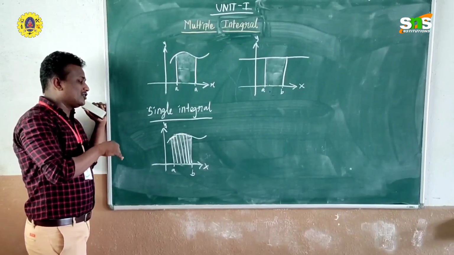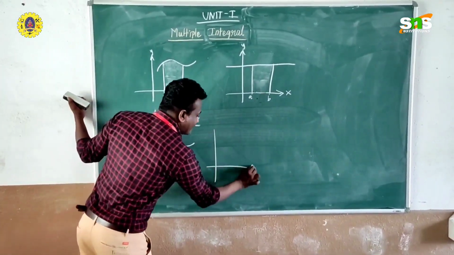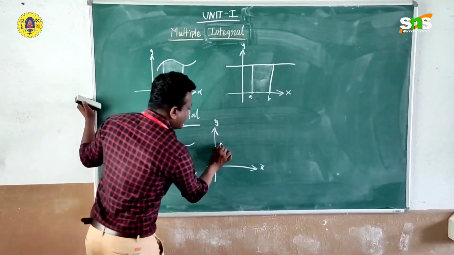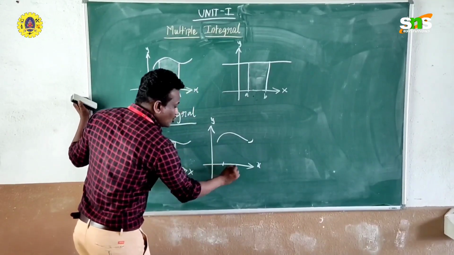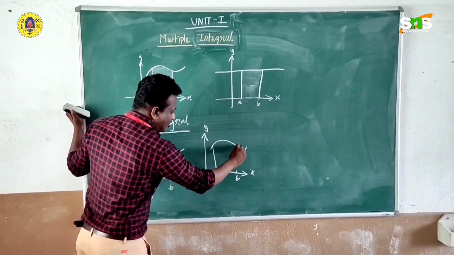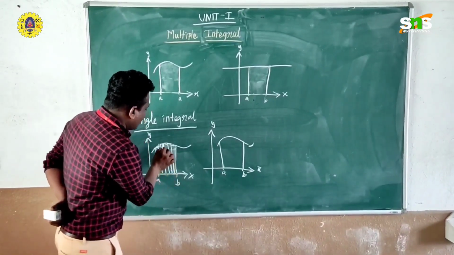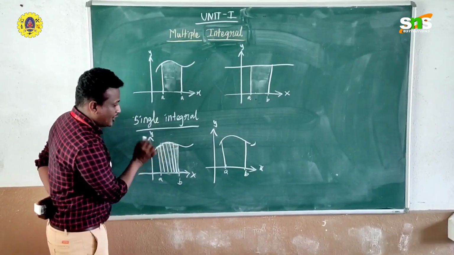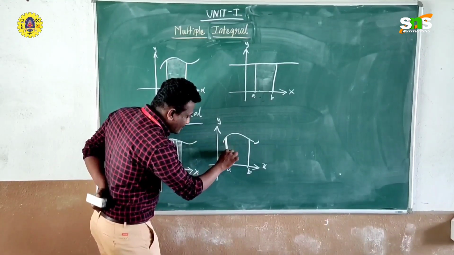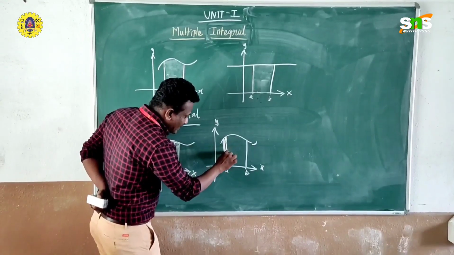So if we want to handle this kind of situation, what can we do? Again take x and y axes. Now again there is a curve. Now take 2 points A and B and connect these 2 points. Here I am going to find the area. To cover the space, just draw straight perpendicular lines, even closer, like I am drawing.